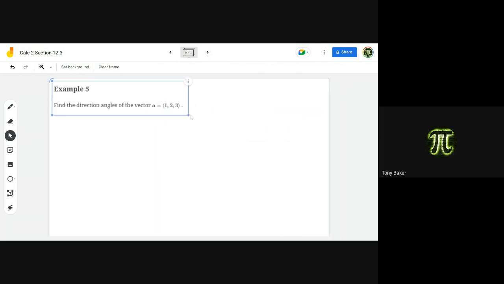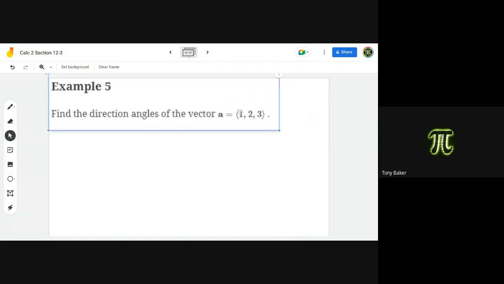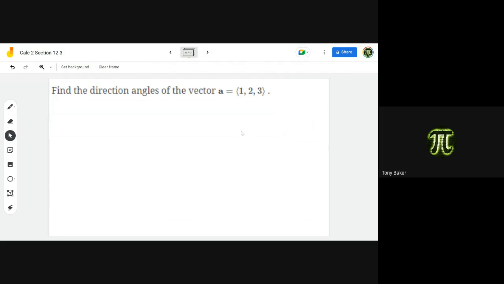So let's find our direction angles for this vector. I'm just going to use X, Y, and Z because I don't feel like trying to make the funky Greek letters. So we're using our first ones. So first thing I actually have to find before I can even do these is I need to find my magnitude of A. So I got 1 squared plus 2 squared plus 3 squared.